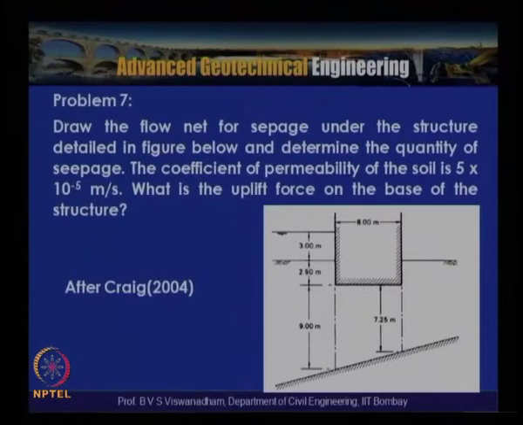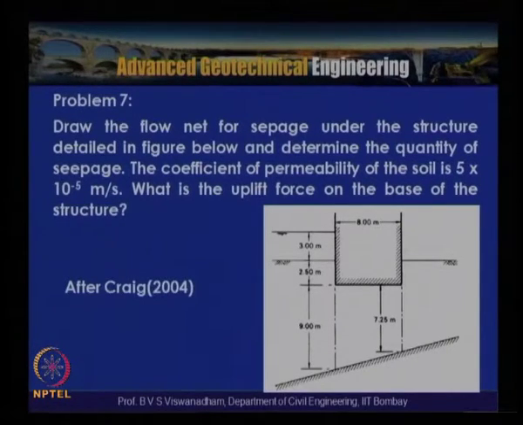In problem 7, we need to draw the seepage under the structure shown in the figure below. Draw the flow net for the seepage under the structure and determine the quantity of seepage.